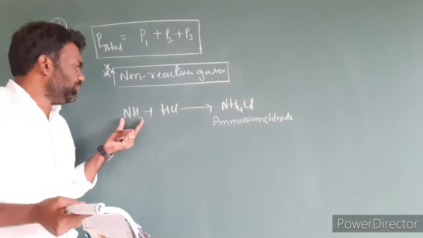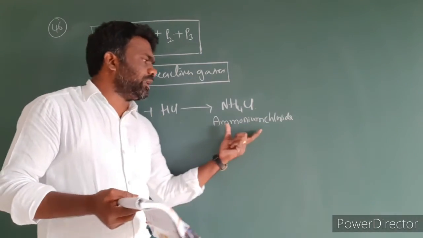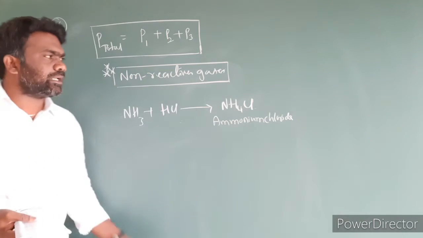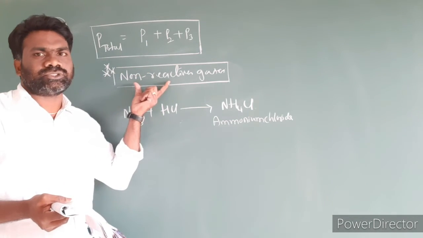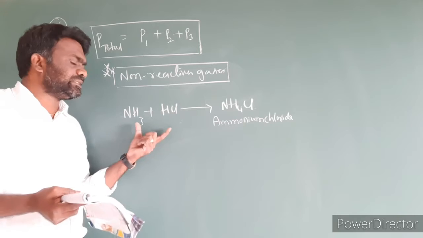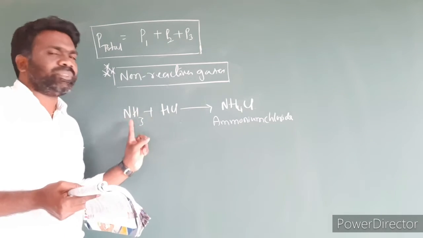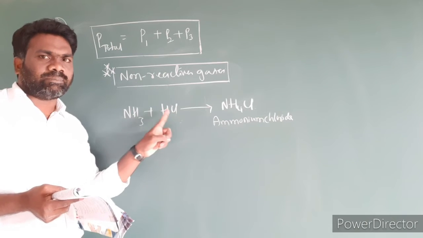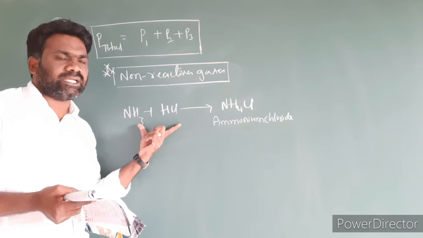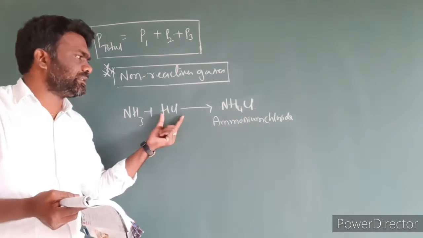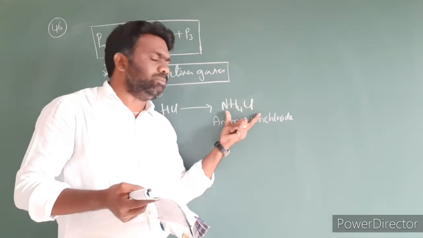So according to Dalton's law of partial pressure, the gases should not react. When the gases react, Dalton's law of partial pressure is not applicable. So in this case, Dalton's law of partial pressure is not applicable because they are reactive gases: ammonia reacting with hydrochloric acid to form ammonium chloride.